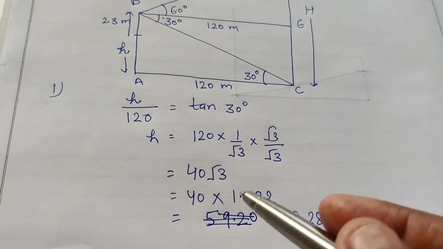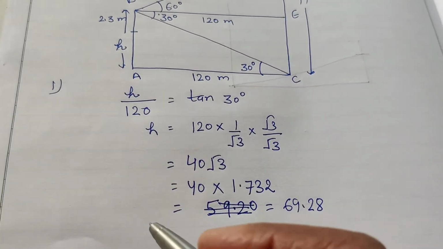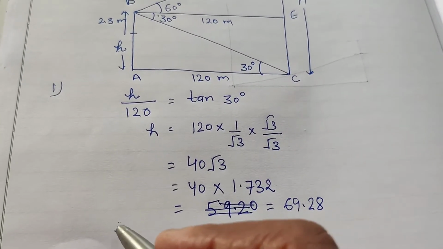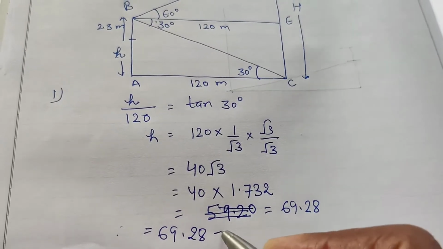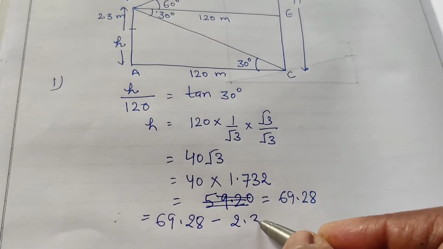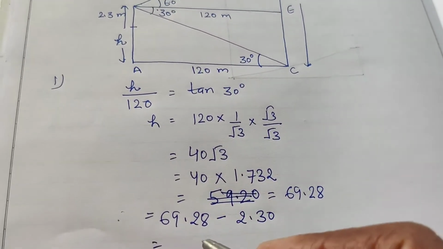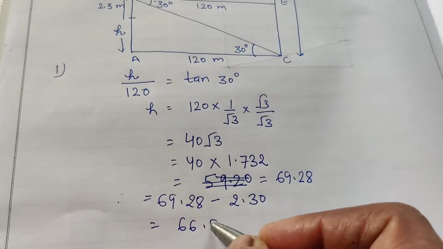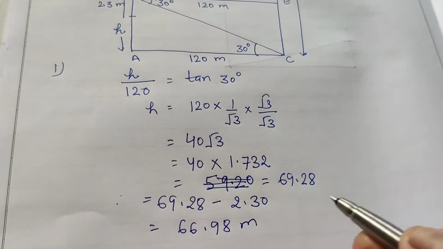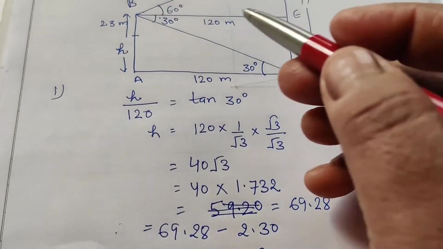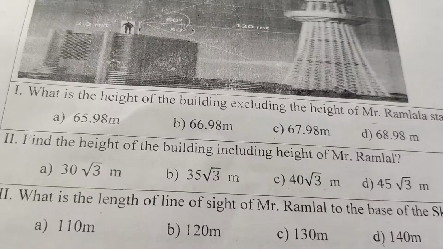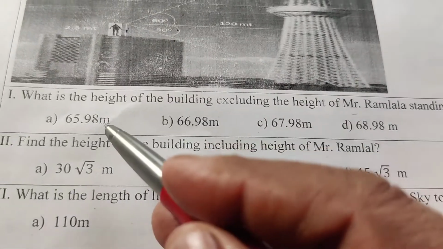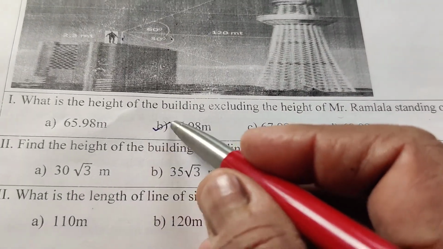This is the height of the building including Ramlal. It means the height of the building equals 69.28 minus 2.30, therefore 66.98 meters. This is the height of the building excluding Ramlal. Which option is right? 66.98.